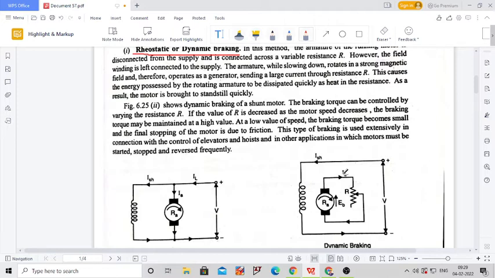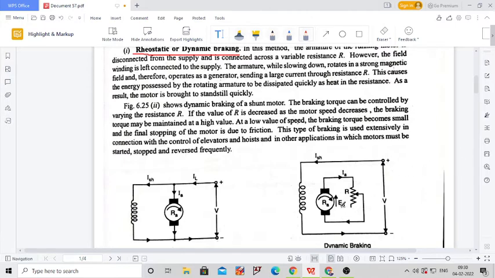The armature slows down because there is no supply to it, and the machine runs as a generator. The EMF induced inside the armature winding sends a large current through the variable resistance R. That causes the energy possessed by the rotating armature to be dissipated quickly as heat in the resistance.